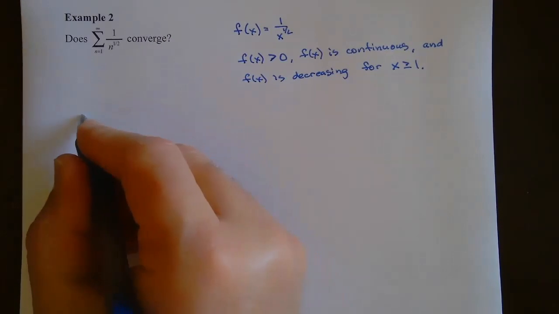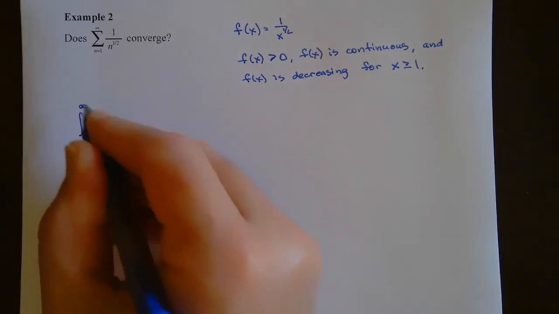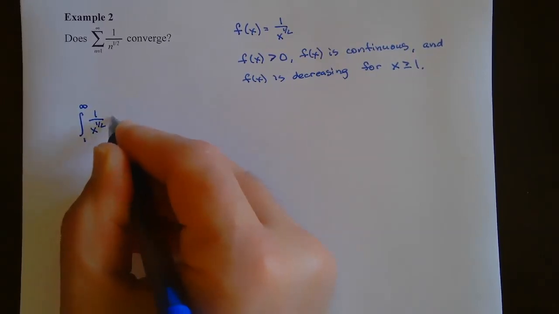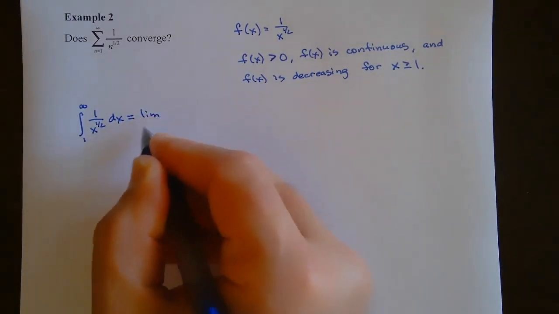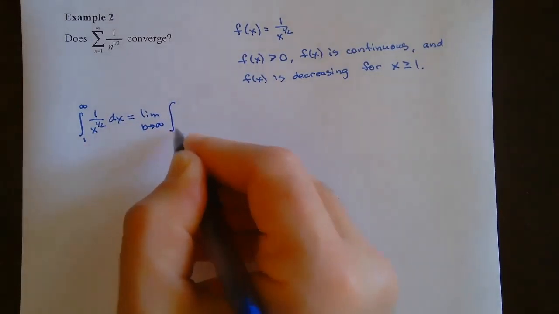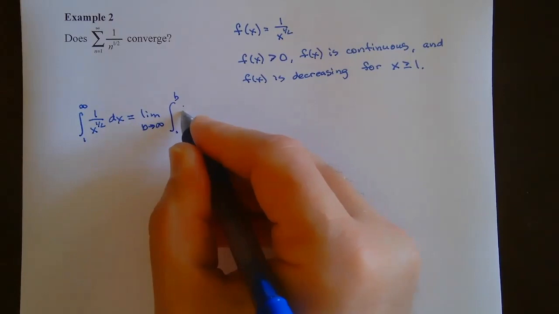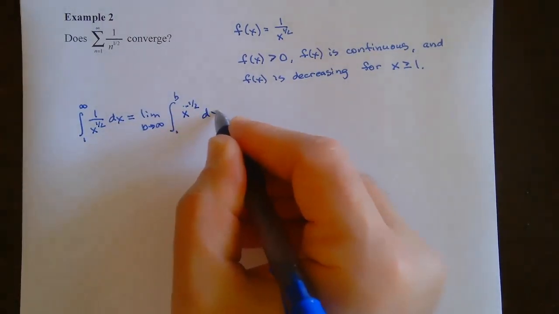So we're going to do the integral from 1 to infinity of 1 over x to the 1/2 dx. That becomes a limit as b approaches infinity of the integral from 1 to b of, I'm going to rewrite this as x to the negative 1/2 dx.